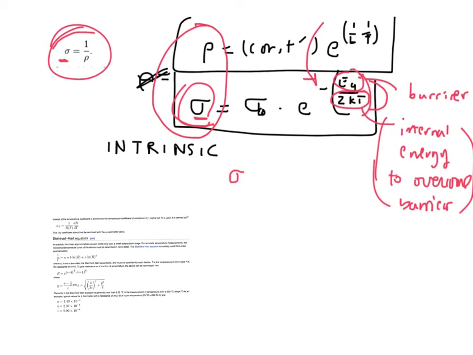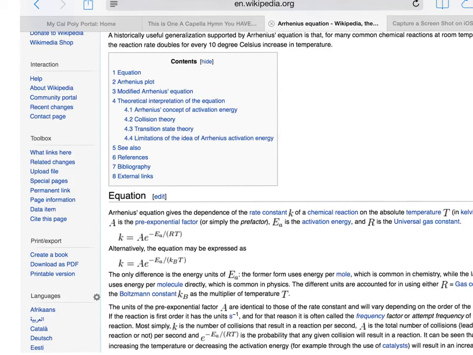And I want to point something out too of the form of this. Let's just really quickly go look at probability. So I'm going to try to go to a website here and search on the term. So this Wikipedia page is for the Arrhenius relationship, which you've seen in chemistry.